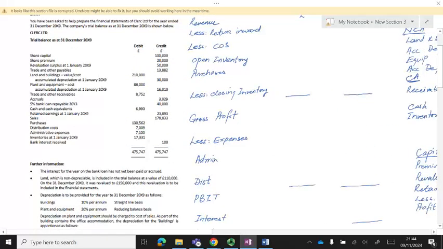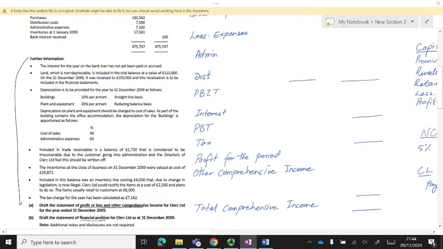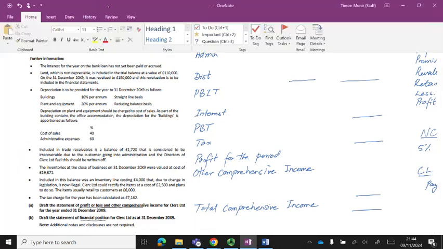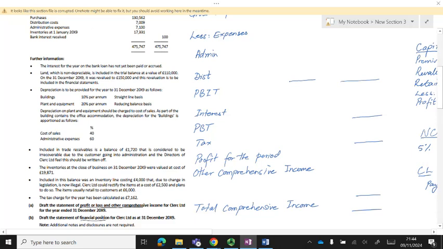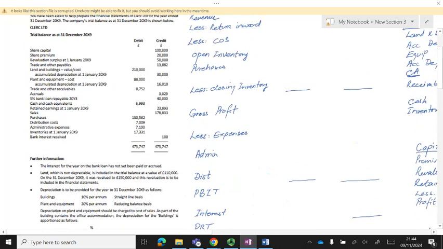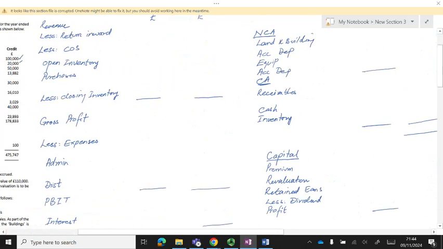Next, I'm going to pick up the figures from the trial balance line by line and enter them into the formats, and then I will deal with the notes. So the share capital is 100,000, share premium is 20,000.